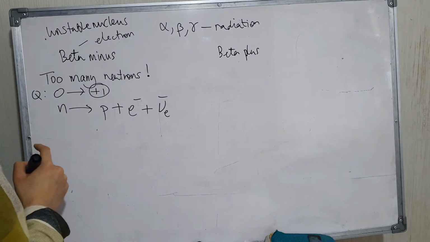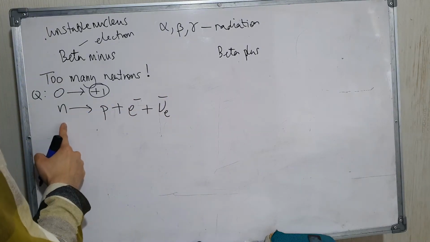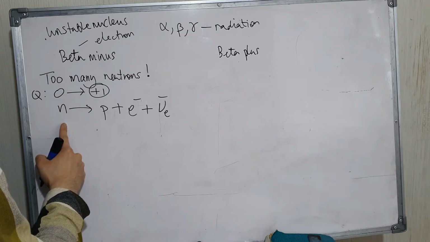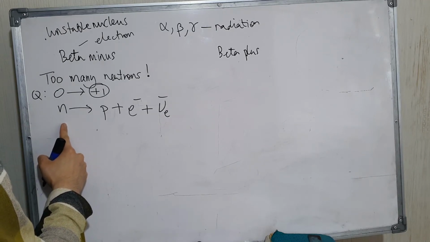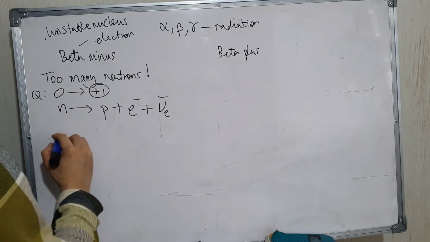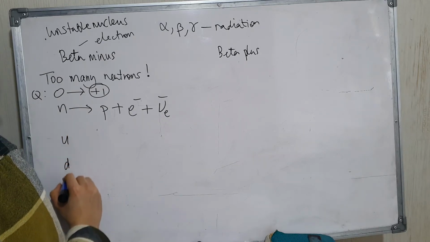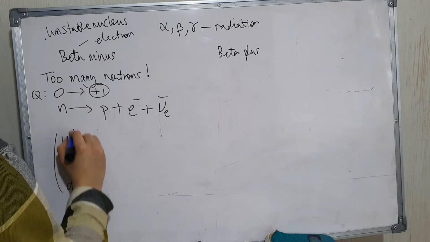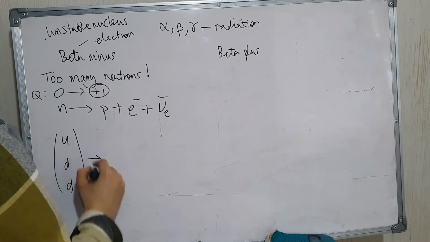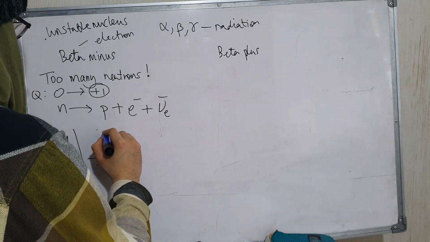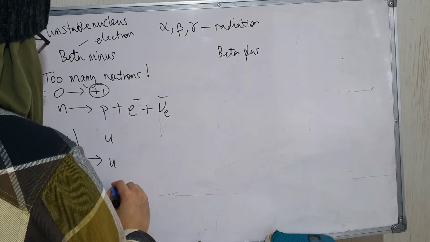Right. What's the quark structure of the neutron? If you remember in the previous video, it is up, down, down. What is the quark structure for the proton? It is up, up, down.